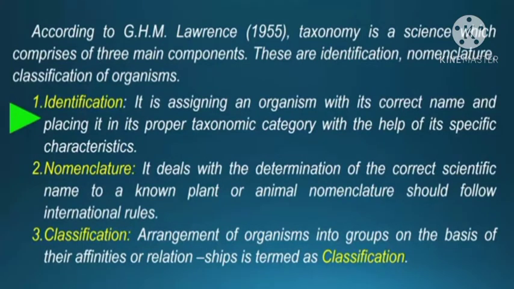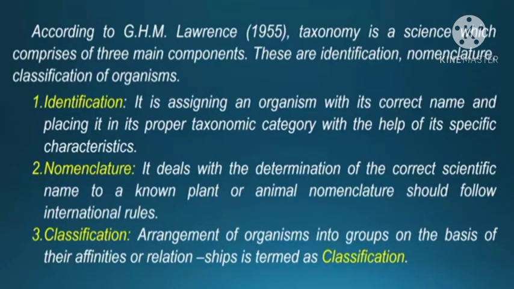What is identification? It is assigning an organism its correct name and placing it in its proper taxonomic category with the help of its specific characteristics. On the basis of these characteristics, identification, here we describe. Another one is nomenclature.